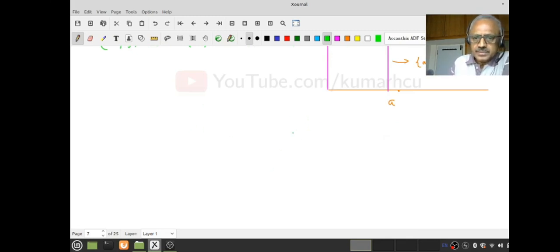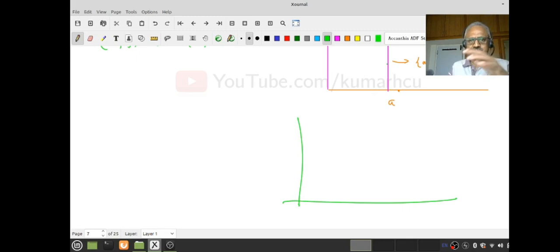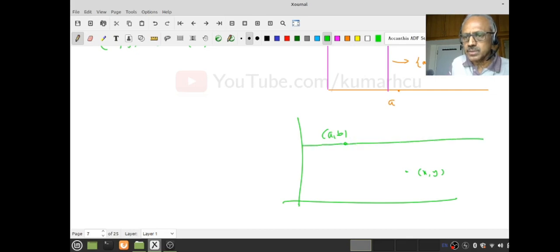Now I have not drawn it because changing the color takes time, and I'm a little impatient. So I have a point (a, b), and I have a point (x, y). Therefore what I do is I try to draw this.